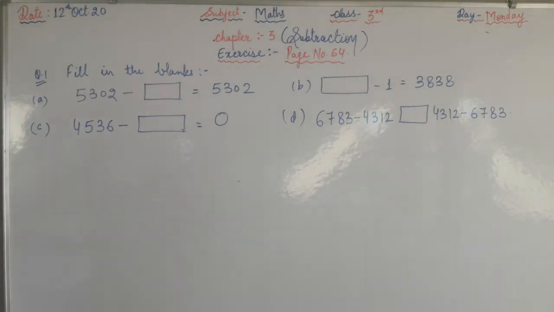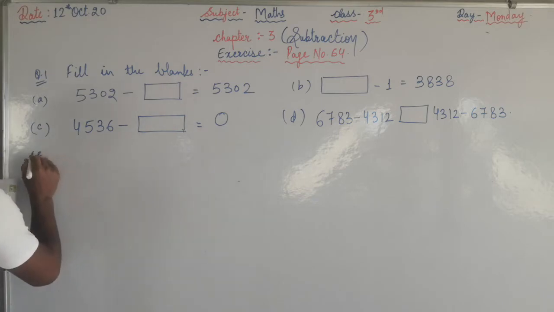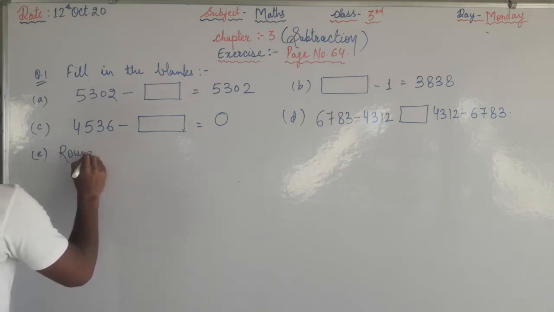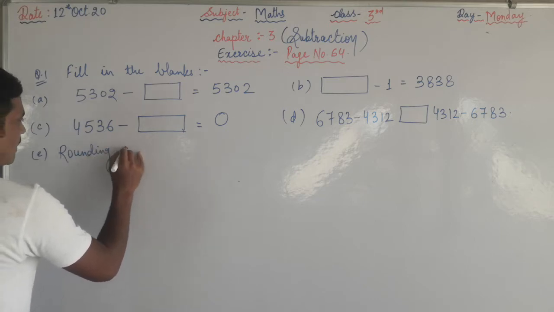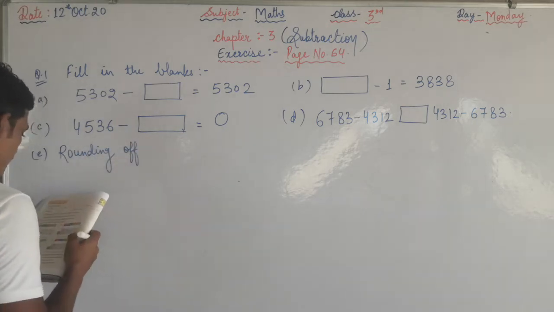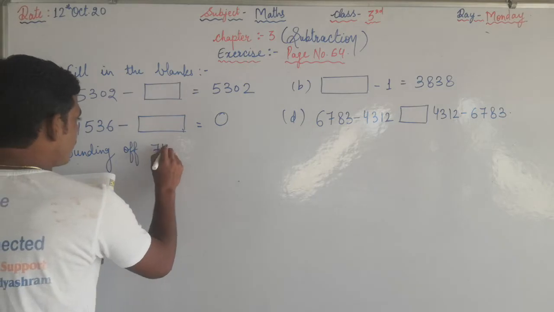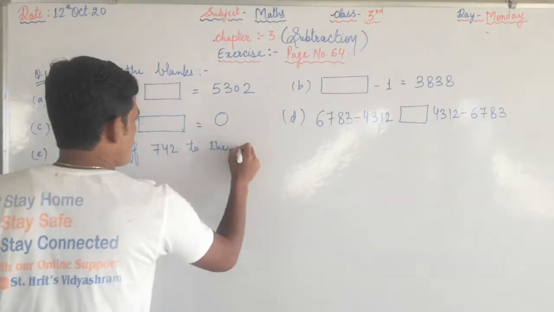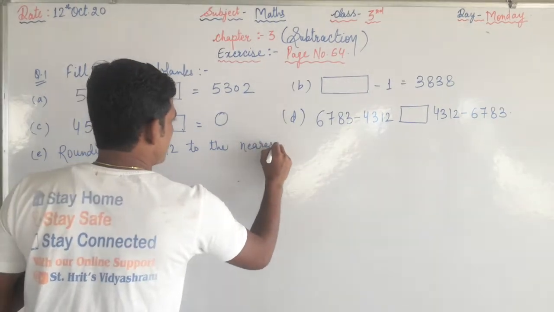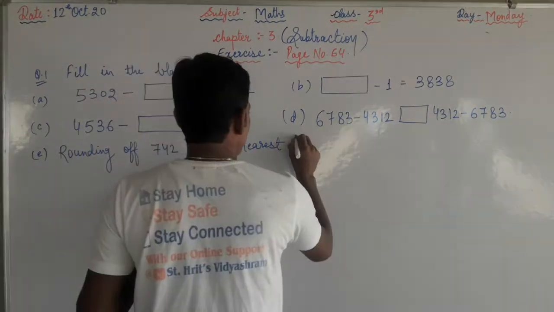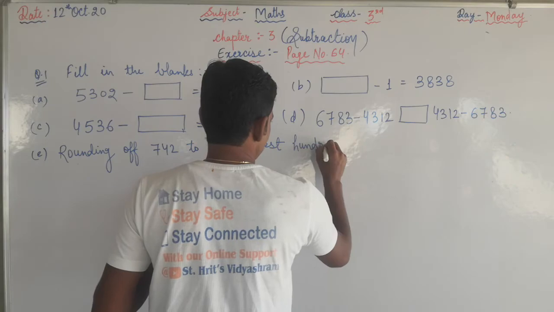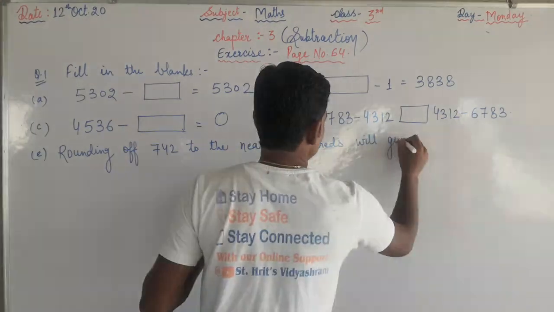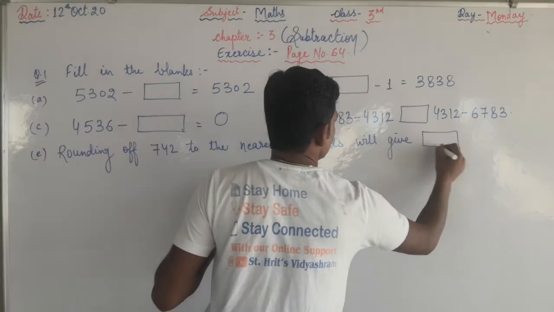Part E: rounding off 742 to the nearest hundreds will give blank.